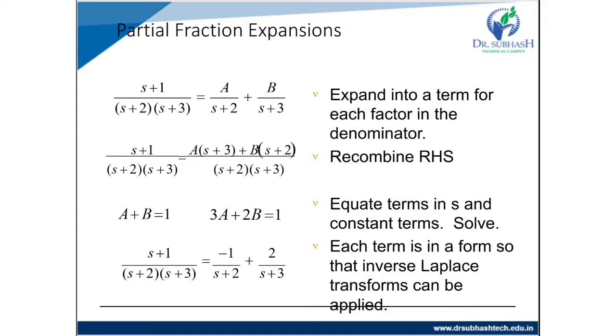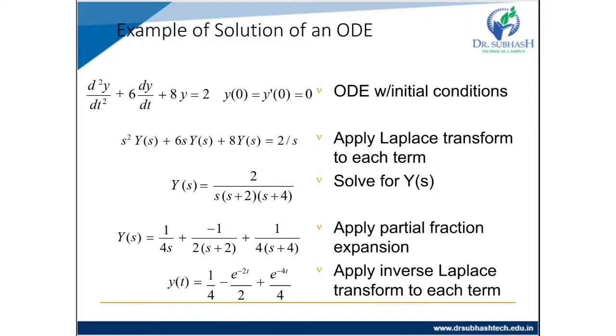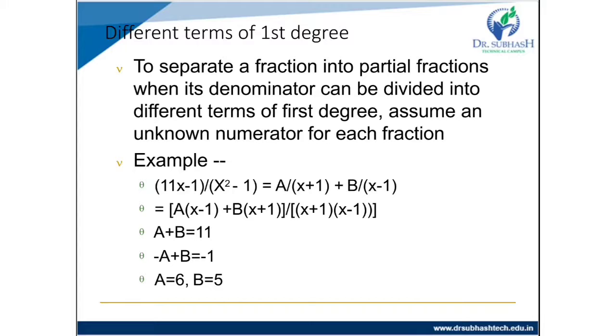In the previous video lecture, we checked the partial fraction expansion of 2 examples up to this. Now, the different terms of first degree. To separate a fraction into partial fractions when its denominator can be divided into different terms of first degree, assume an unknown numerator for each fraction.